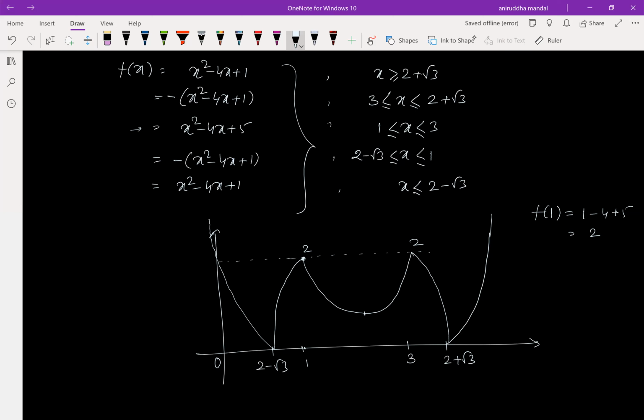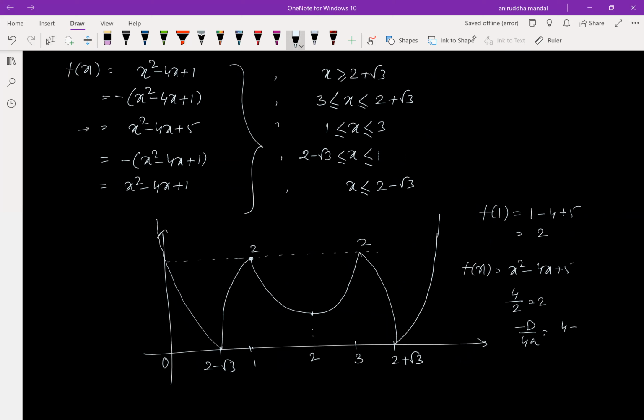And the last is the minimum point. So let's solve for the minimum point. The function is minimum at minus b by 2a, which means this is 2. And the minimum value is minus D by 4a, which means b square minus 4ac by 4.